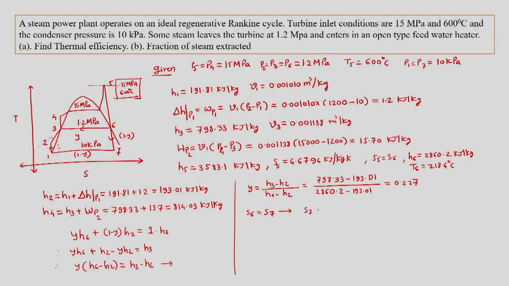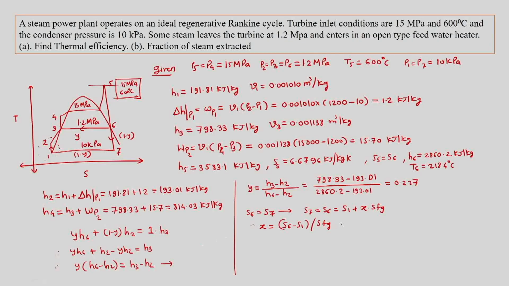That means S6 is lesser than the saturated vapor entropy at 10 kilopascal. So S7 equals S6 equals S1 plus X into SFG, and X is S6 minus S1 divided by SFG.